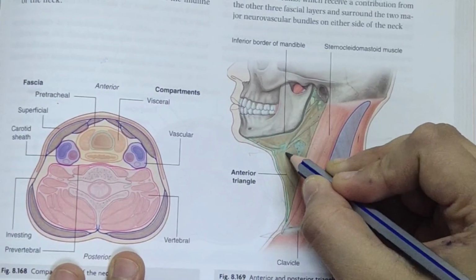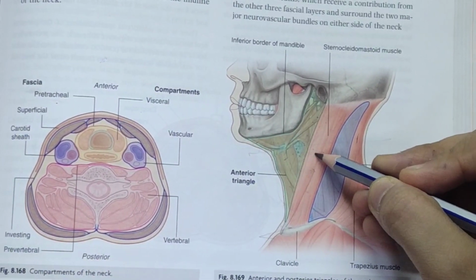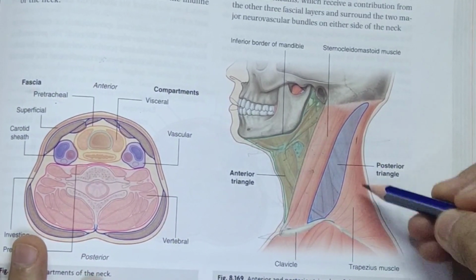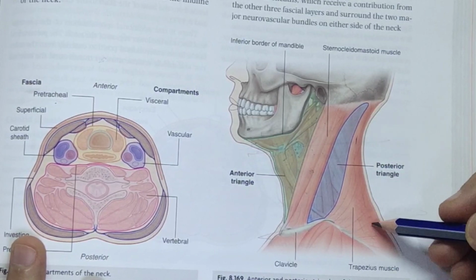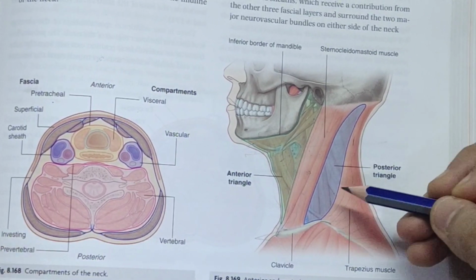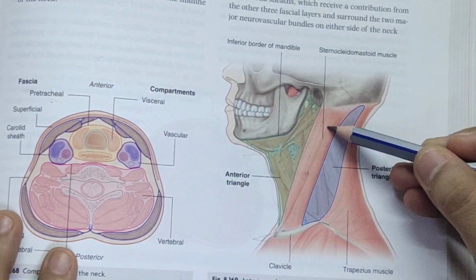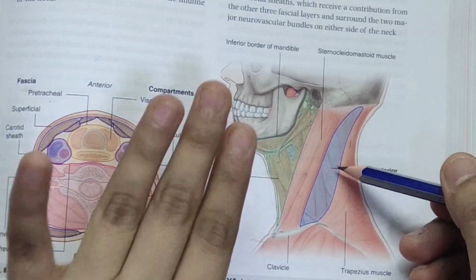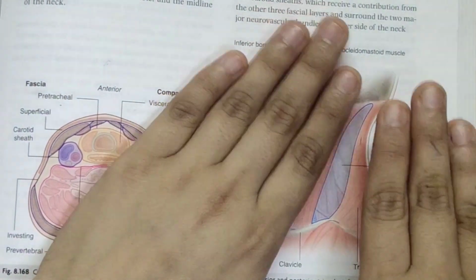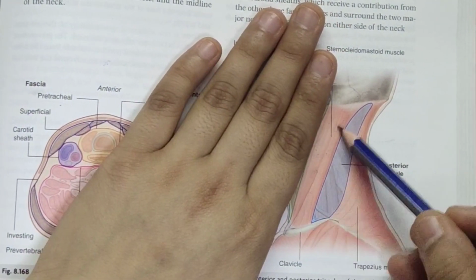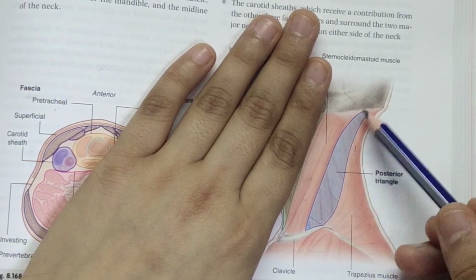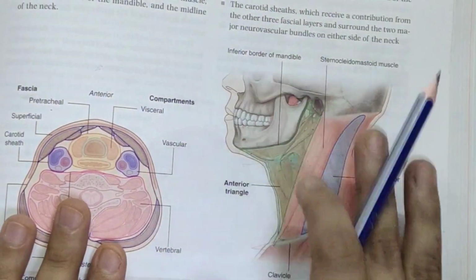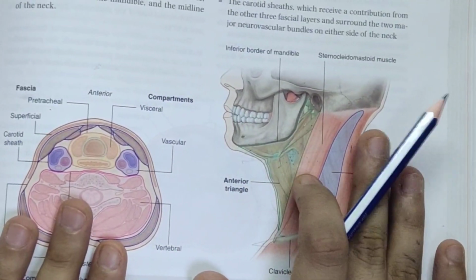One was the anterior region, situated anteriorly to the sternocleidomastoid muscle. We have the posterior region which corresponds to the trapezius muscle. We have the sternocleidomastoid region which itself encloses this muscle, and our lateral region is the region between these two, between the sternocleidomastoid muscle and the trapezius muscle. So these were the four regions of the neck, which are very important.